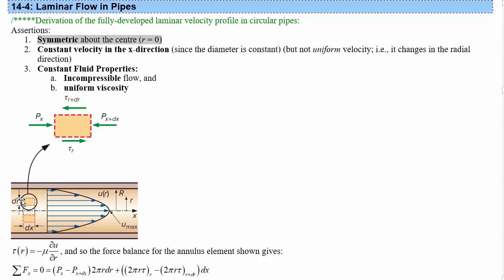Let's look at a fluid element in an annular shape here. So this is a cross-section of an annulus. Really, this goes around the center of the pipe. It is thickness dr at a radius r, has a circumference of 2 pi r then, and the volume would be 2 pi r dr times the thickness in the x direction dx. The force on this element is based on the shear stresses on the different r faces, face r and face at r plus dr, and the pressure on the different x faces at x and x plus dx.